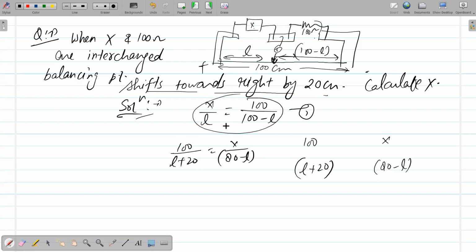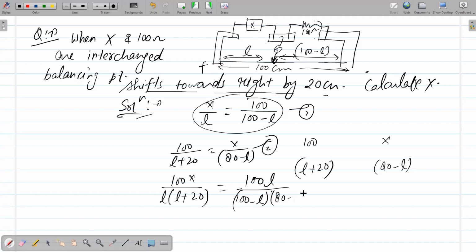So multiplying both the equations, 100X divided by L into L plus 20 is equal to 100X divided by 100 minus L into 80 minus L, right? So this 100X is completely cancelled out, and try to find out L from this and just put L in any equation. You will get the answer. Are you getting this?